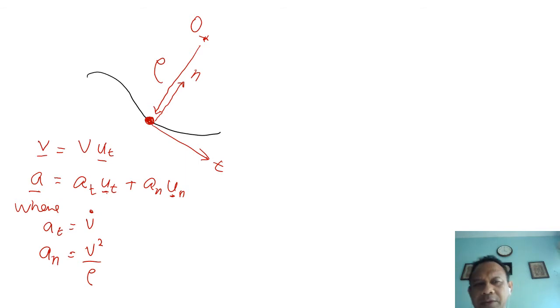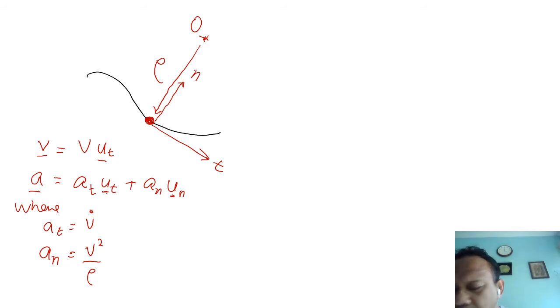So that's how we define the motion in normal and tangent components, and there is a relationship with the rho of the path at any point. We can find it if we represent the path in terms of y and x.